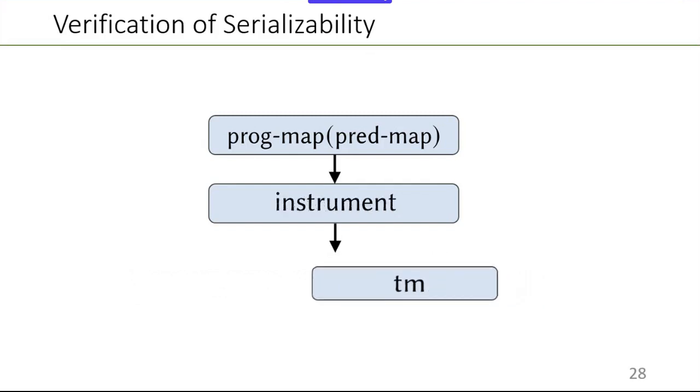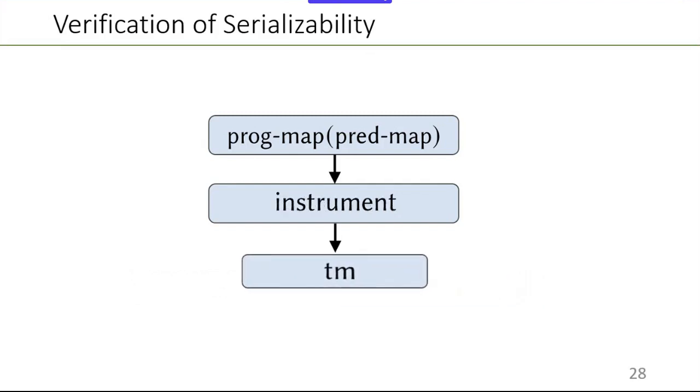You can bring it to the center, and that causes instrument R to be replaced with instrument. And so what we basically did was reduce this predicated map into a basic transactional map. With the TM that we have, we know that this TM is serializable.